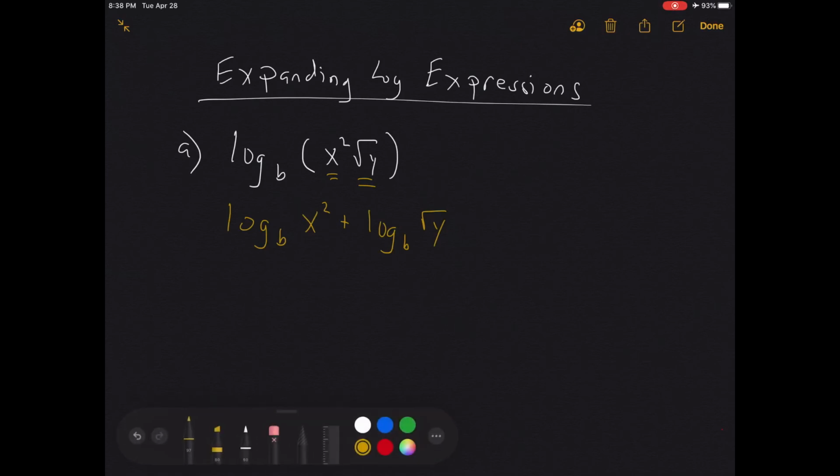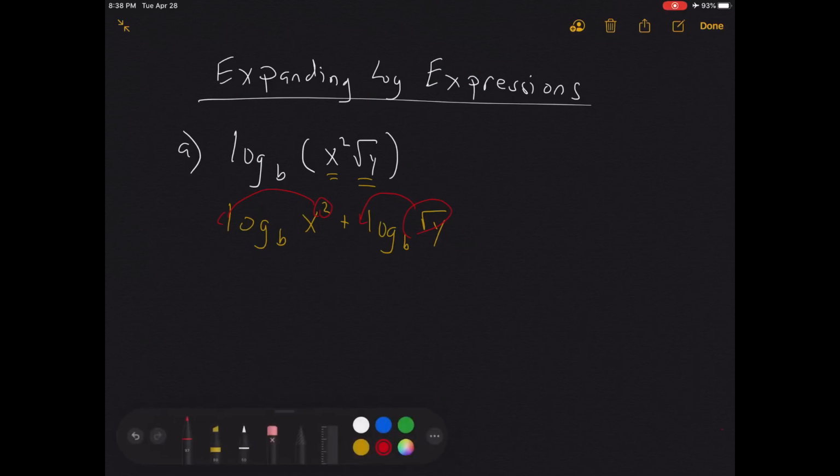Well, I can clearly see here I have a 2 as an exponent. That I'm allowed to bring to the front. But remember that this square root symbol right here is also an exponent. It really means a 1/2 power, so really that's a y to the 1/2. I can also bring that to the front, and they only go in front of their respective logs when they're being separated like this.